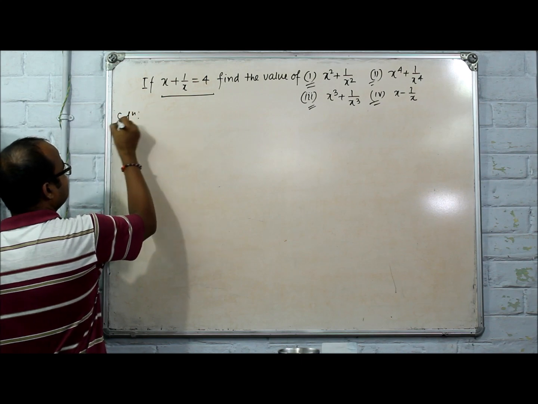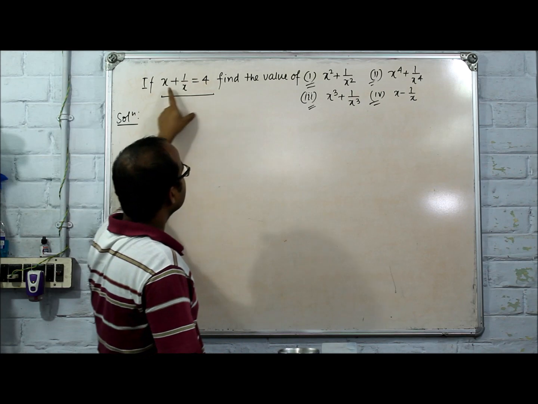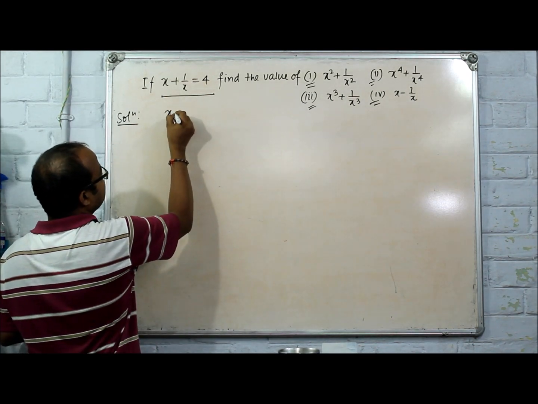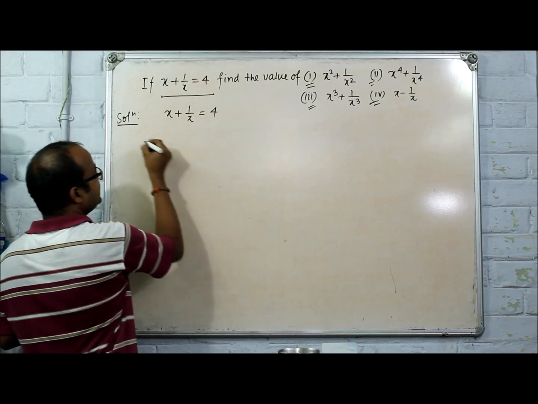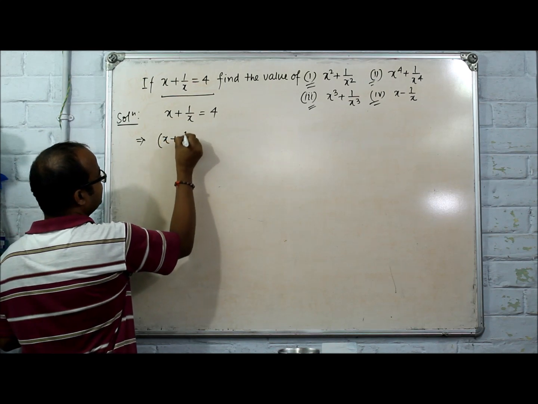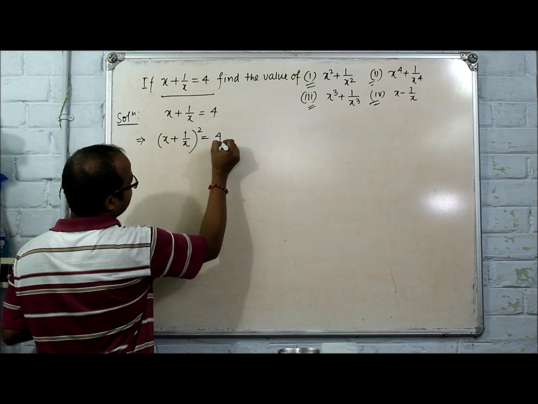To find out x square plus 1 by x square, we need to square both sides. So x plus 1 by x is equal to 4. Squaring both sides, you will get x plus 1 by x whole square is equal to 4 square.